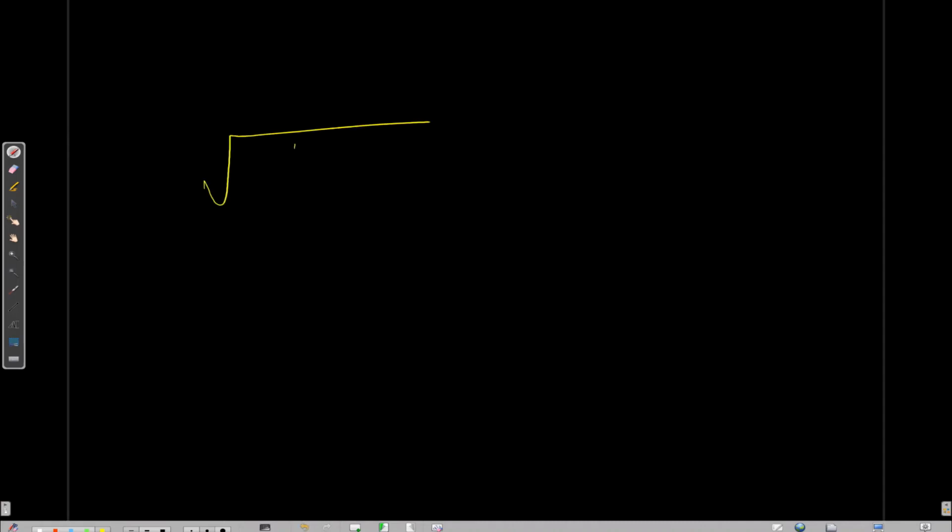How about if I ask you to simplify the square root of A to the 5th, B to the 4th? Now, in order to simplify this, do you see anything?